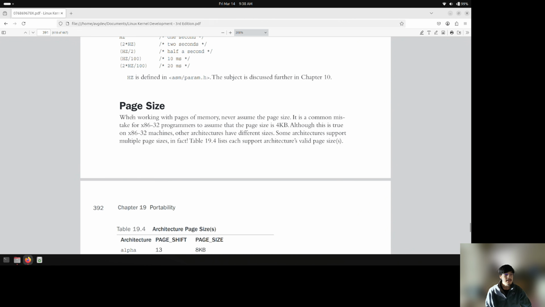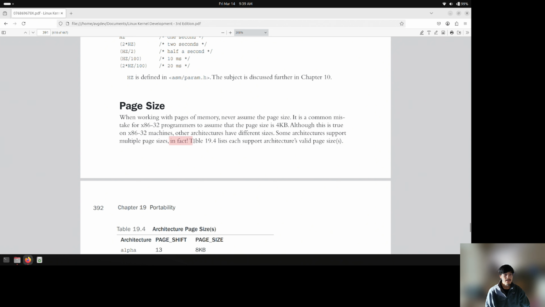Okay, page size. When working with pages of memory, never assume the page size. It is a common mistake for x86-32 programmers to assume that the page size is 4 kilobytes. Although this is true on x86-32 machines, other architectures have different sizes. Some architectures support multiple page sizes.